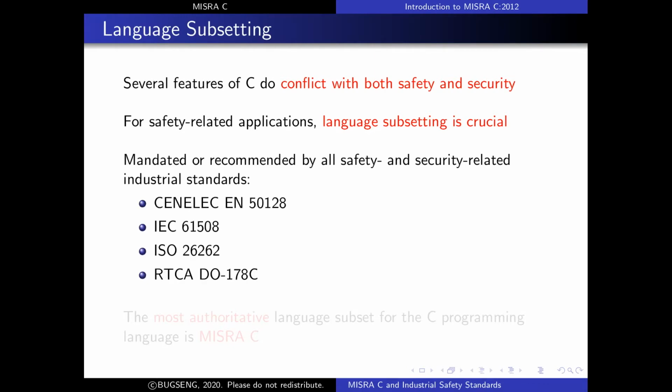Language subsetting is mandated or highly recommended by all safety and security related industry standards. And today the most authoritative language subset for the C programming language is MISRA C, and that is why this is the topic of today's seminar.